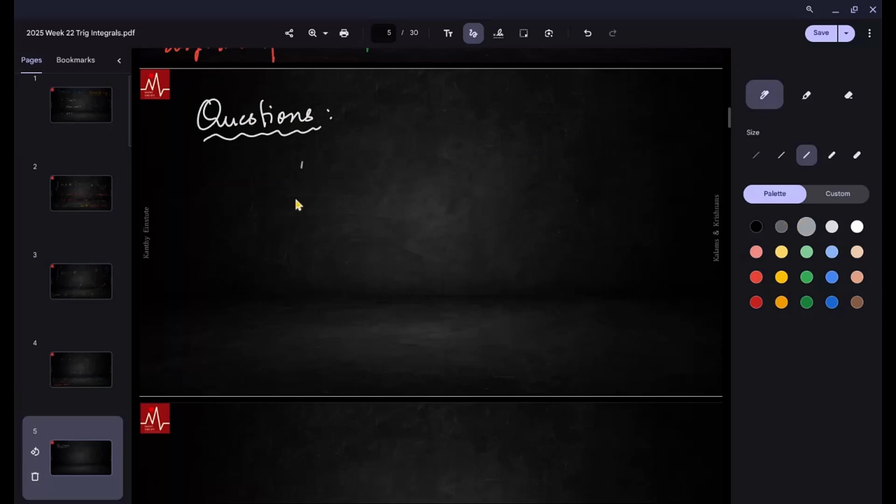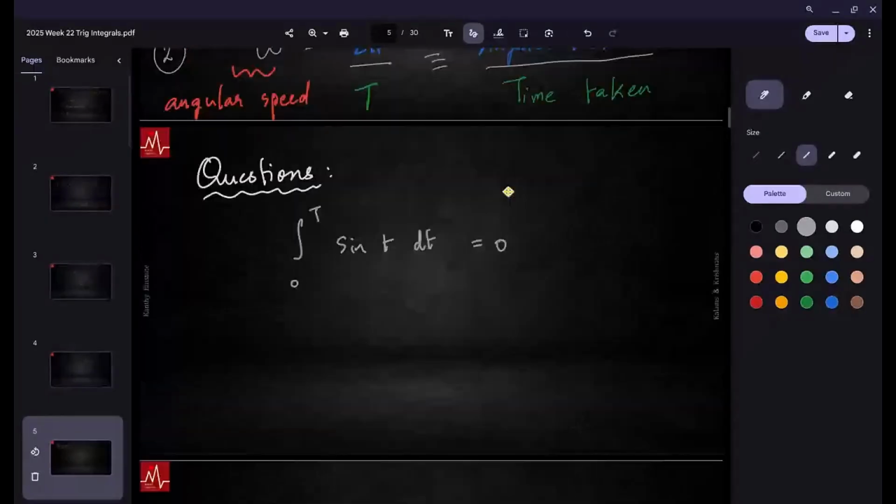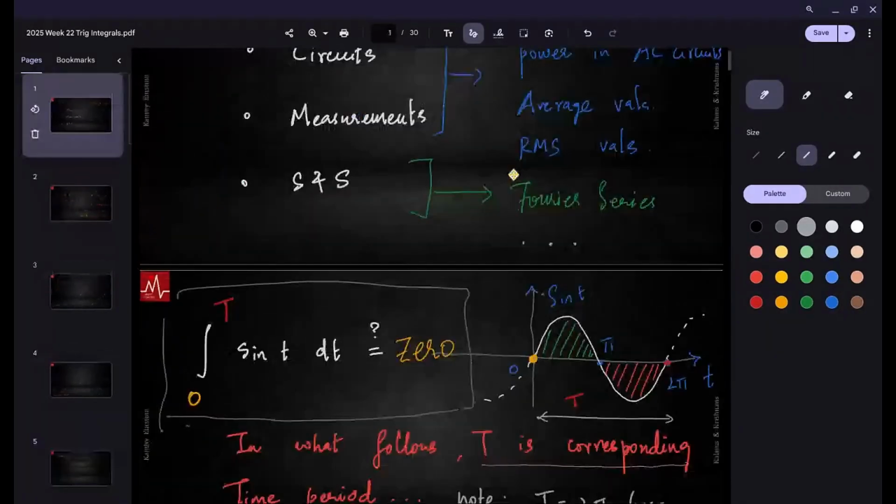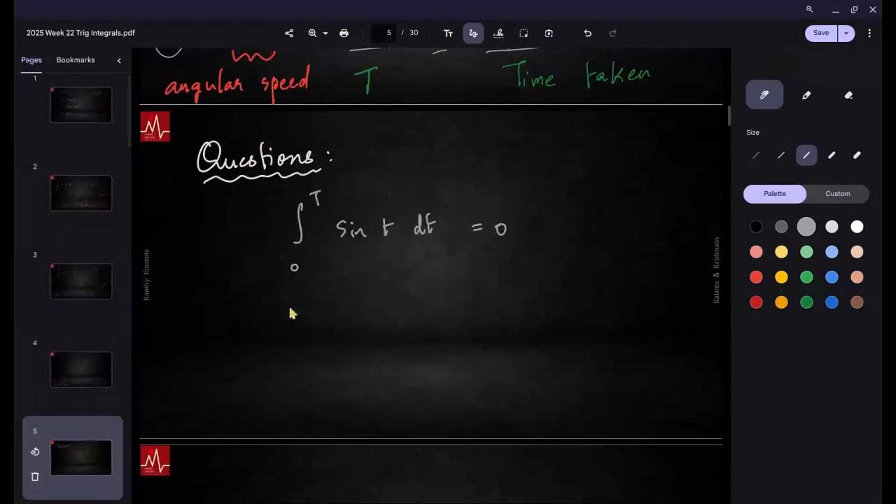So integral 0 to t, and hey, there is a dt there. Whenever I put an integral, I don't put that dt. Yeah, so this is 0. Integral 0 to t of sine omega t dt is 0.